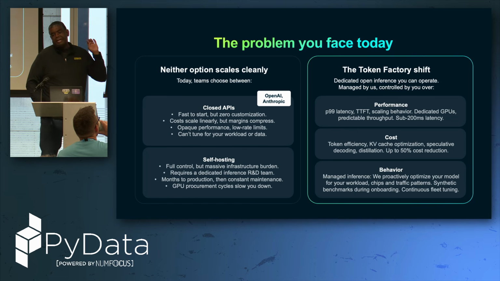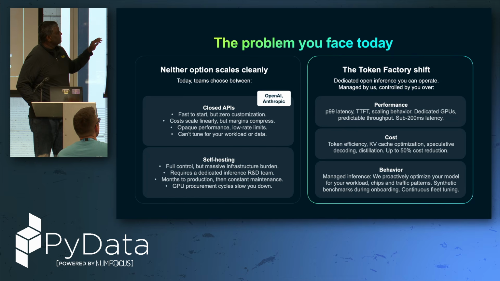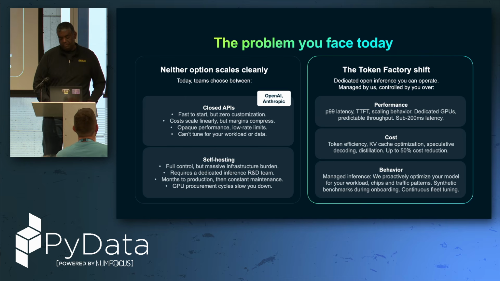So with Token Factory, the idea is we host open source models and optimize them for inference. Since the models are open source, you know exactly what you are running. We provide the infrastructure so you can focus on building the app. That's what we do.